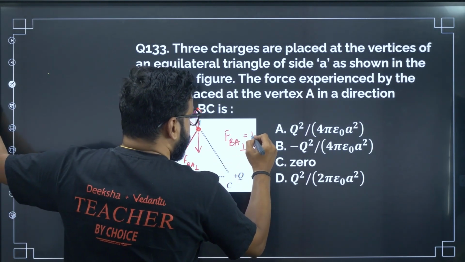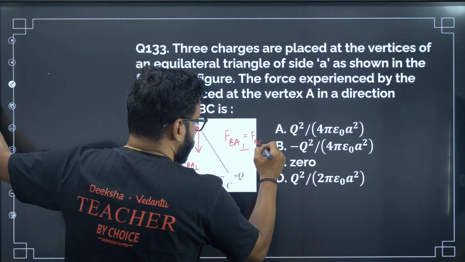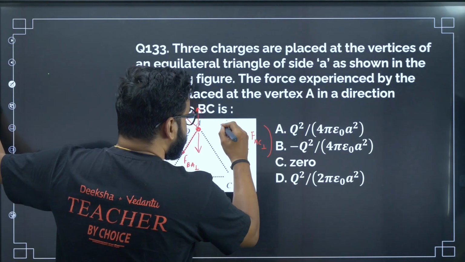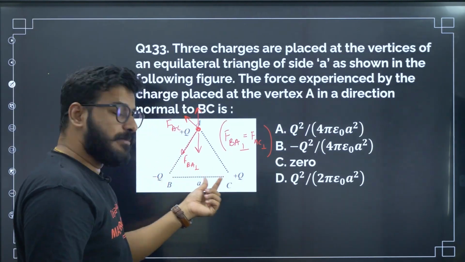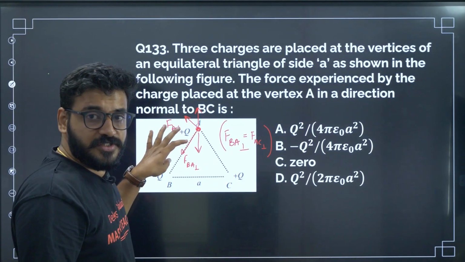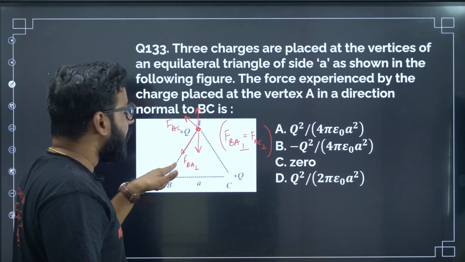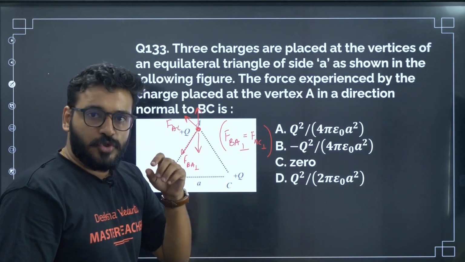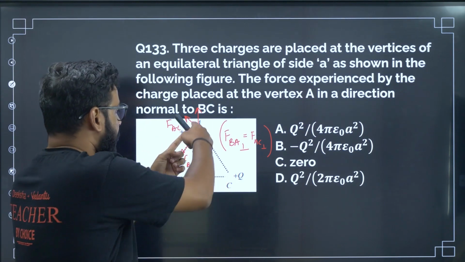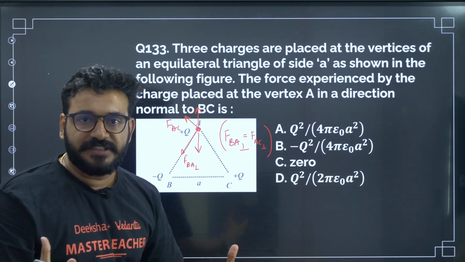so they both are actually same. Why? Because it's the same charge value, same distance, so they will have same force. FAC and FBA, magnitude wise they are same. So if the vector's magnitude is same, their perpendicular components will also have the same magnitude.